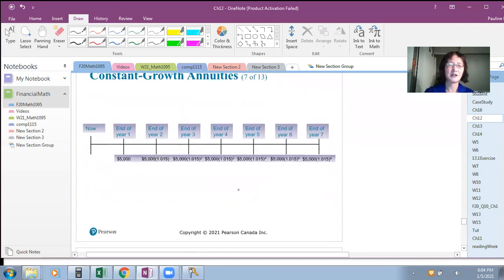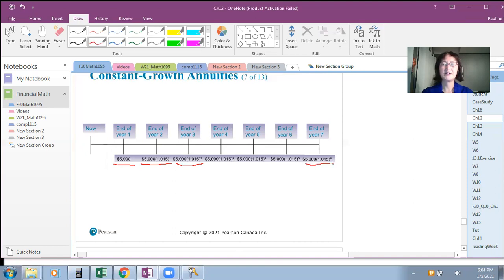This diagram shows the first deposit PMT, the second deposit PMT times 1 plus the constant rate 1.5%, and the third deposit is this one, until the 7th deposit.